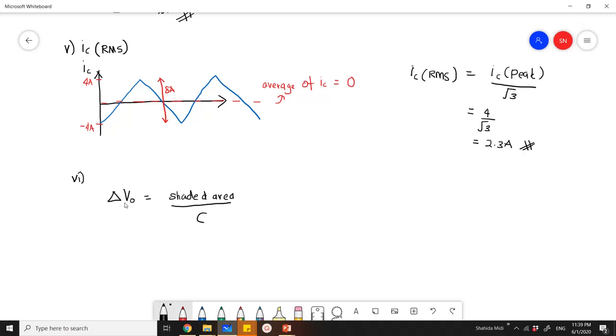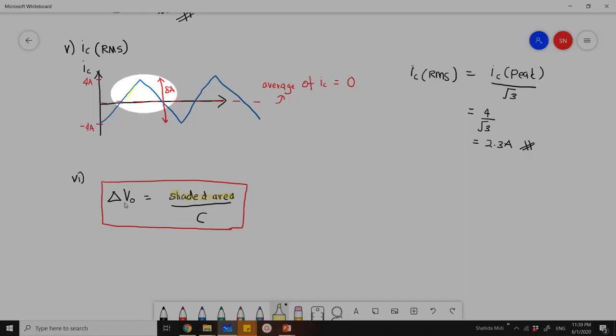The equation is a little bit funny. It states that the ripple output voltage is equivalent to the shaded area over the capacitance value. This shaded area over here is the area under this triangle.